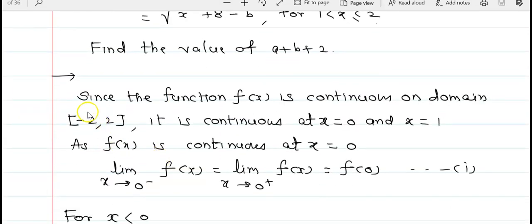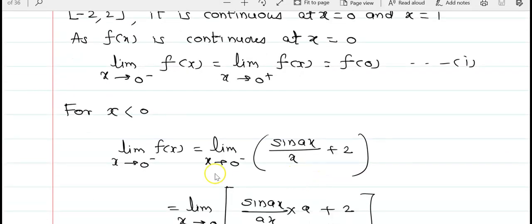Now see this. Since the function f of x is continuous on the domain, it is continuous at x equals 0 and x equals 1. As f of x is continuous at x equals 0, the left hand side limit of f of x as x tends to 0 equals the right hand side limit, which equals f of 0.